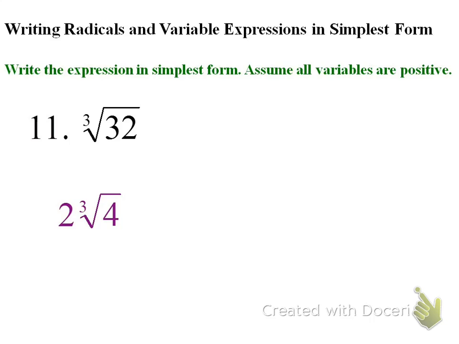You have 5 2s. They come out in groups of 3. So the group of 3 came out front to give you a 2, and then you're left with the cubed root. Make sure you don't lose that index. A lot of people just automatically do just a radical, a square root, but you had 2 2s left over, so you need the 4 inside and then the index of 3. Questions on that one?